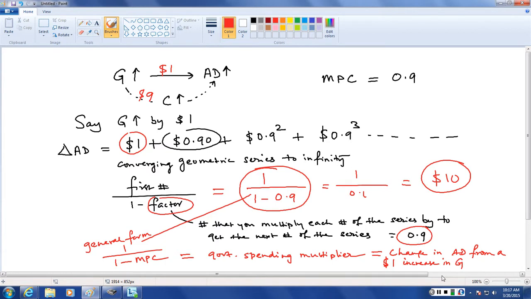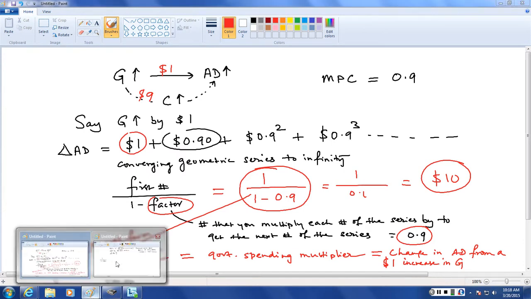That's what the sum of this geometric series to infinity gives us. Is that right? So what the government spending multiplier is, it is the change in aggregate demand that results from a $1 increase in government spending. But now in our question, we have a $120 million increase in government spending.